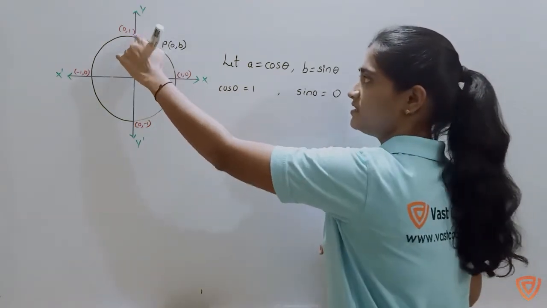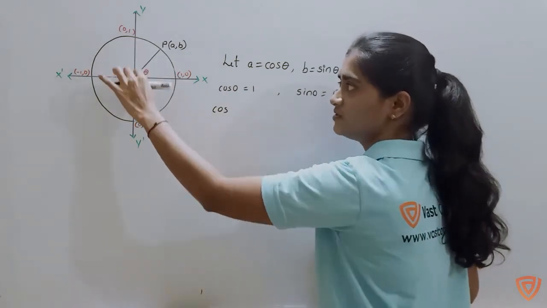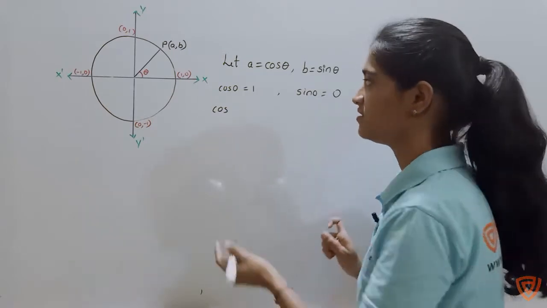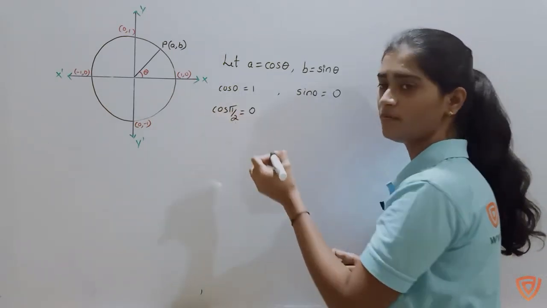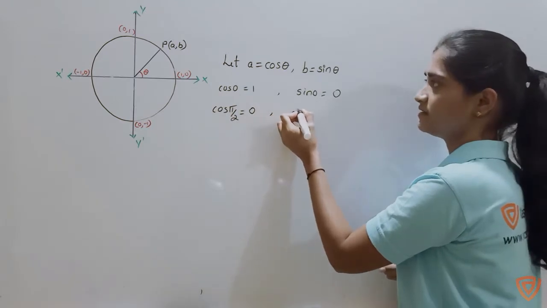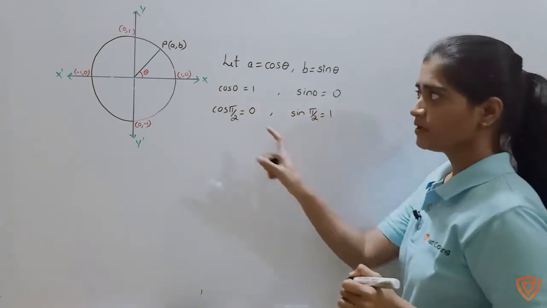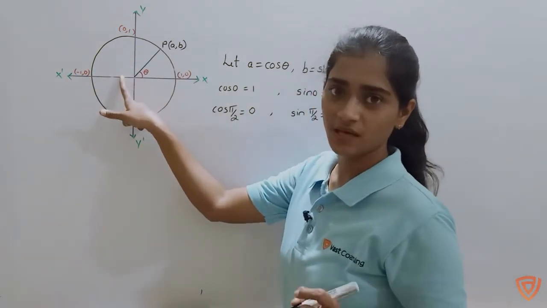When I take this point, it reaches this quadrant, so theta is pi by 2 over here. Cos pi by 2 is 0, and sin pi by 2 is 1. When we take the angle over here, theta will be equal to pi.